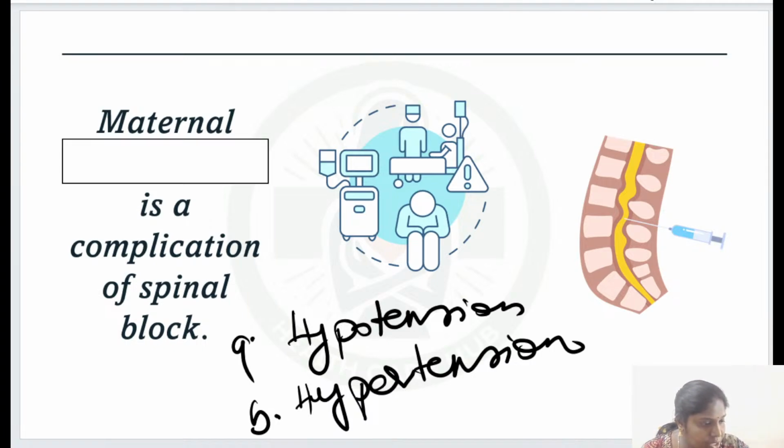Akshaya says more than 70 seconds itself will increase the risk for the mother. Okay, so instead of 90 seconds you want to say more than 70 seconds. So all of you are saying it is hypotension. So maternal hypotension is a complication of spinal shock.